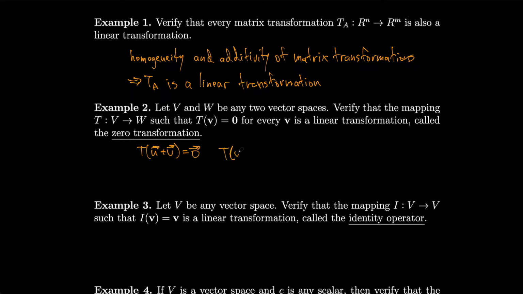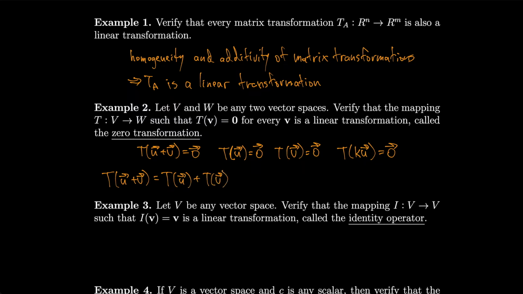Remember, T of u is also equal to the 0 vector, T of v is equal to the 0 vector, and T of ku is equal to the 0 vector. So that means that T of u plus v is definitely equal to T of u plus T of v, because it's just saying 0 is equal to 0 plus 0. Also, T of ku would have to be equal to k times T of u, because that's just saying that 0 is equal to k times 0.